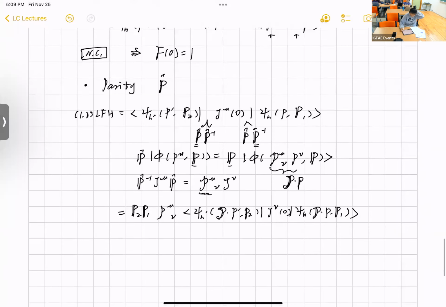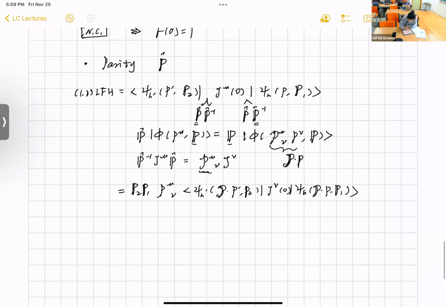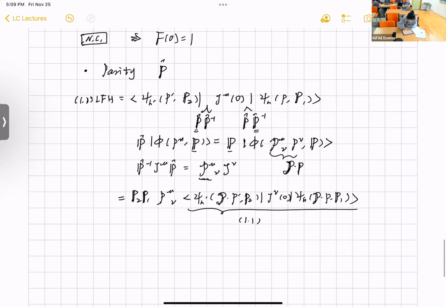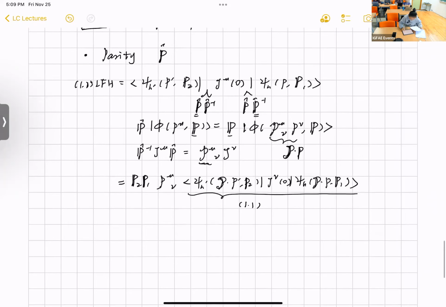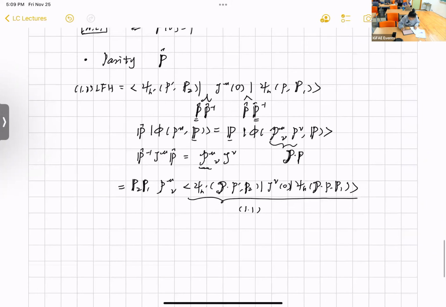Okay, and because I want to find some constraint or property of the form factor, let us plug in again the equation 1.1. So apply the corresponding relation there. But note that this P prime has a transformation and this P also has a transformation on it.